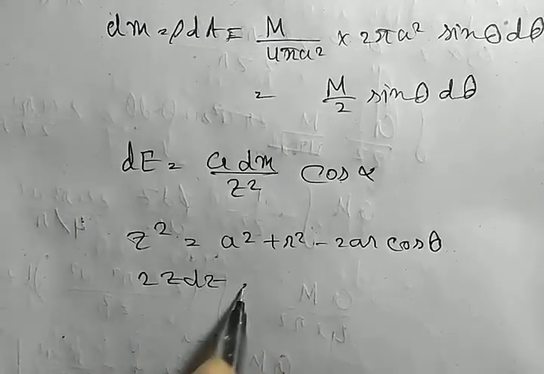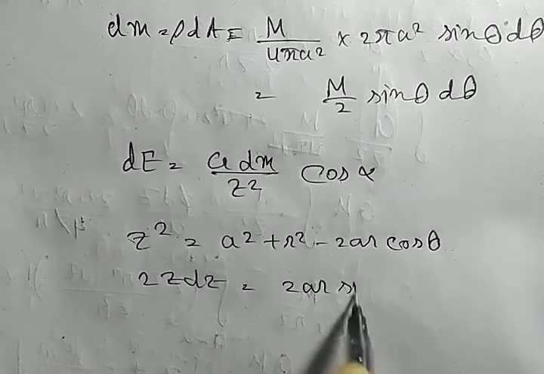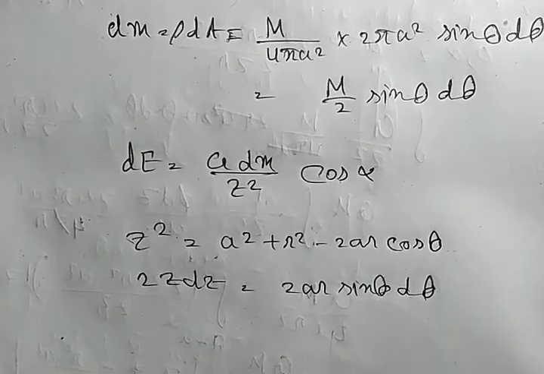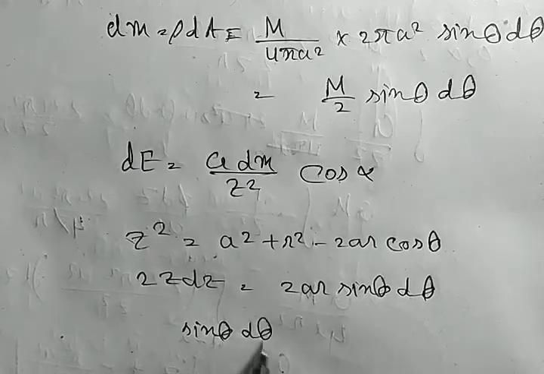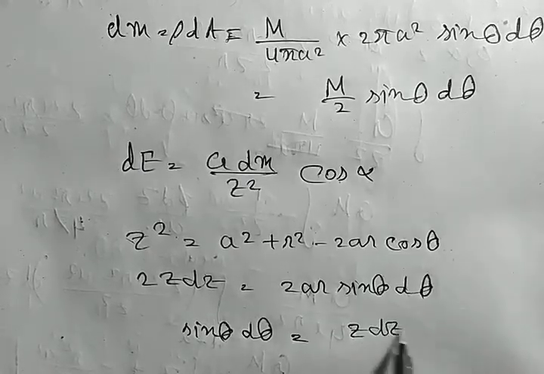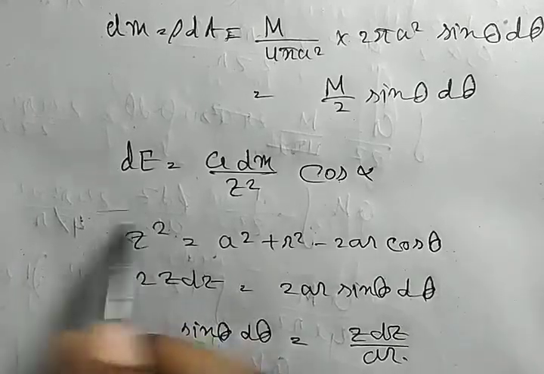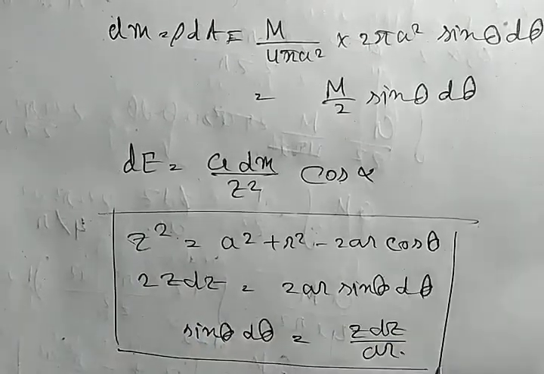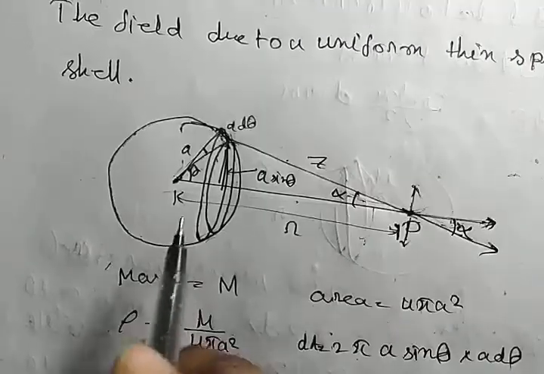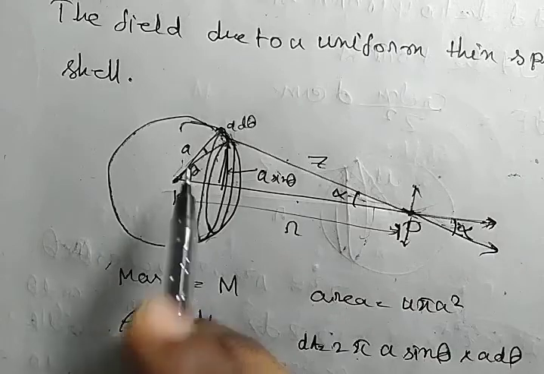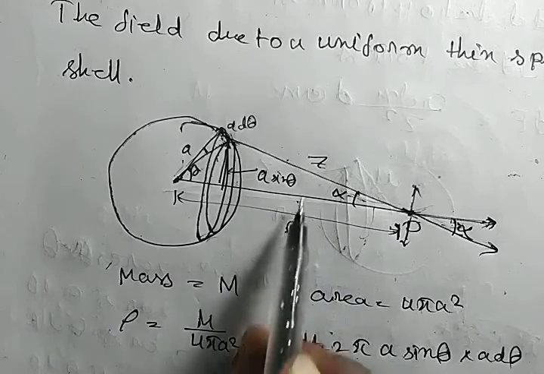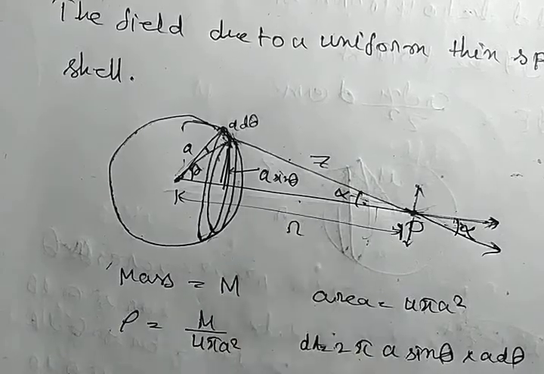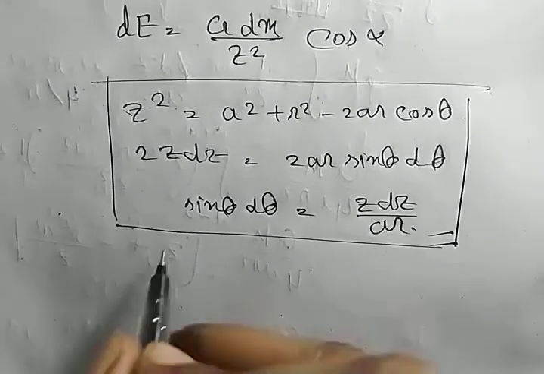So 2z dz equals 2ar sin theta d theta, and sin theta d theta equals z dz by ar. This is the result we will use later in the derivation, and another result we need to derive is for this, that is a square equal to z square plus r square minus 2zr cos alpha. So let us write this.